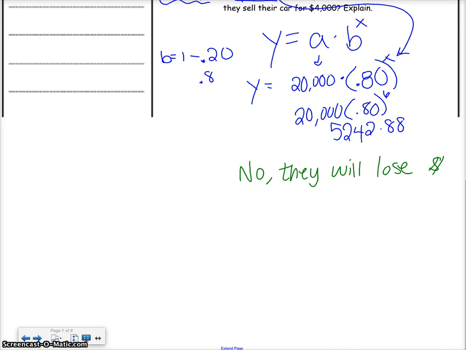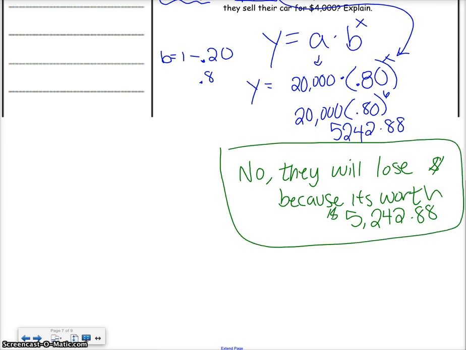No, they will lose money because it's worth $5,242.88, which is more money than $4,000.